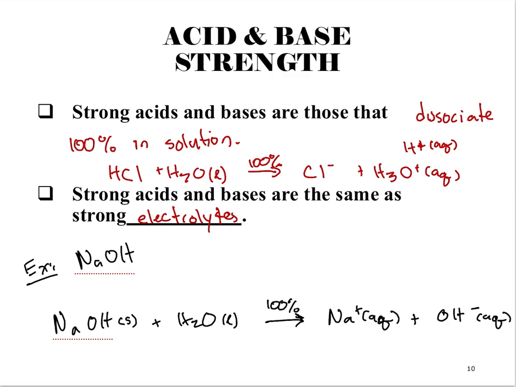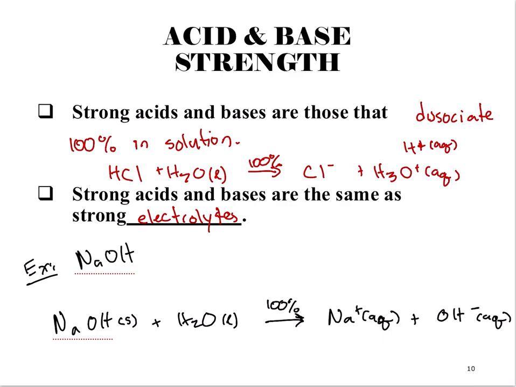So the hydroxide ion in a strong base is oftentimes already in ionic form with a metal. The difference between a strong acid and a strong base a lot of the time is that strong acids tend to be covalent compounds that donate a proton to water, while strong bases tend to be ionic compounds that donate a hydroxide ion to the solution.